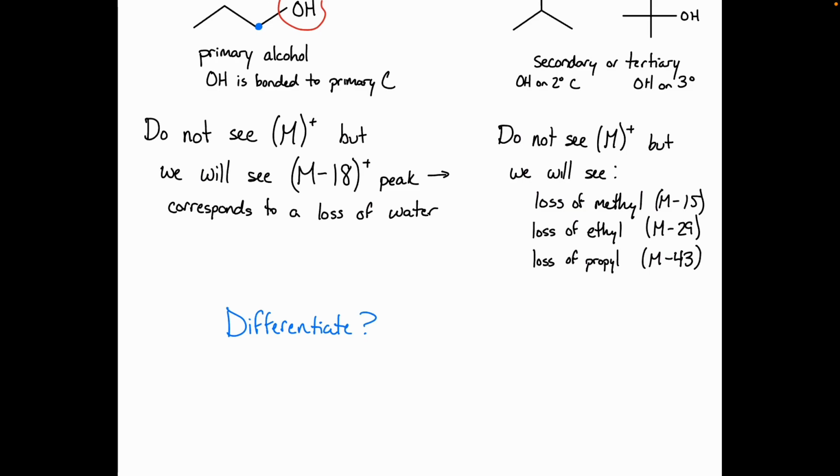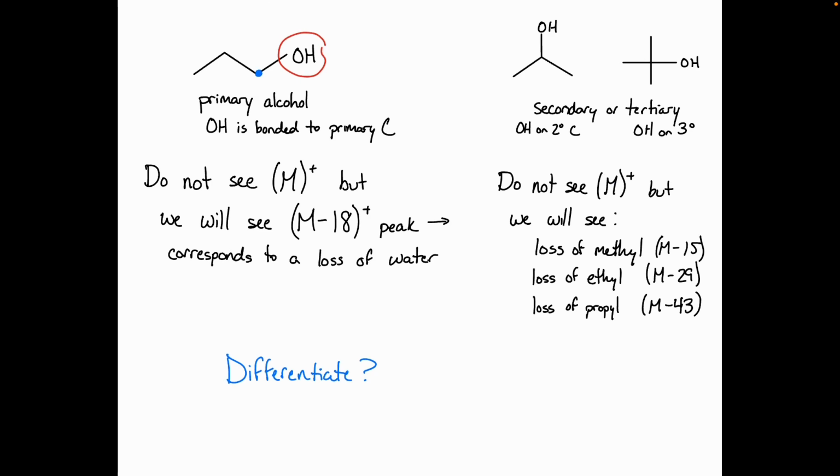They're pretty close, though, right? So first of all, let's remember, if our compound is an alcohol, it only contains carbons and hydrogens and oxygens. What should my mass number be, even or odd? Should be even. And what's the difference between losing a water from a primary alcohol versus losing a methyl group from a secondary alcohol?